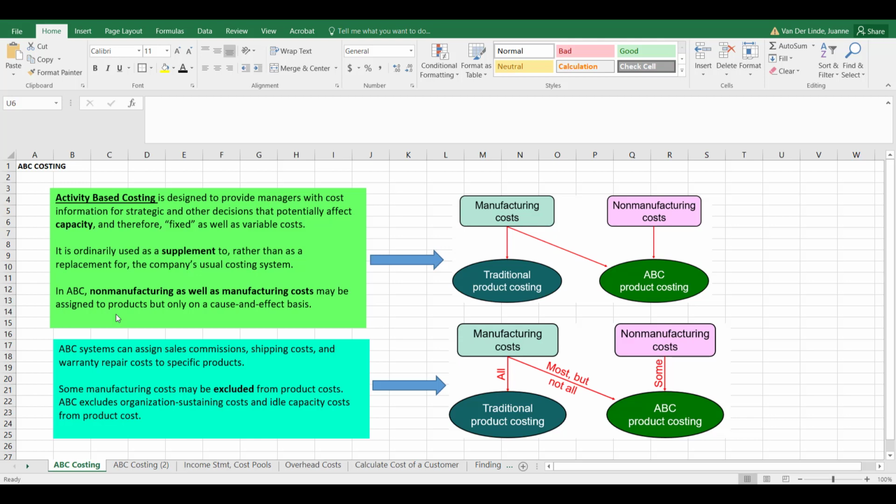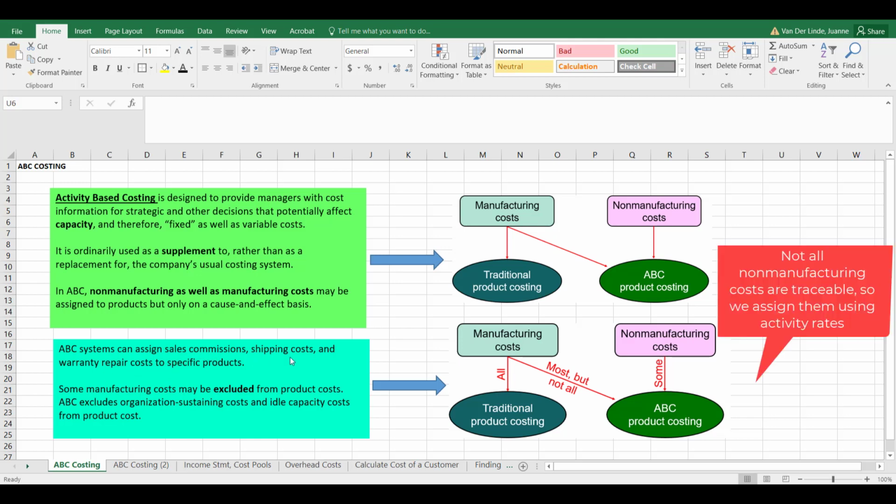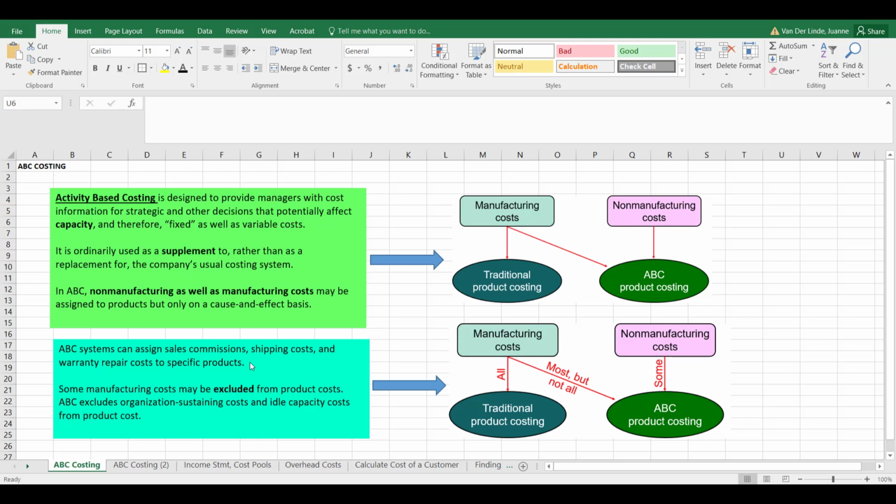Here, it's not just the cost of manufacturing the product that is included in total product cost; in this system you also include non-manufacturing costs on a cause and effect basis. For example, with the ABC system, you can assign things like sales commissions, shipping costs, and warranty repair costs to specific products, because those are non-manufacturing costs that can be traced to a specific product. Those are traceable non-manufacturing costs.